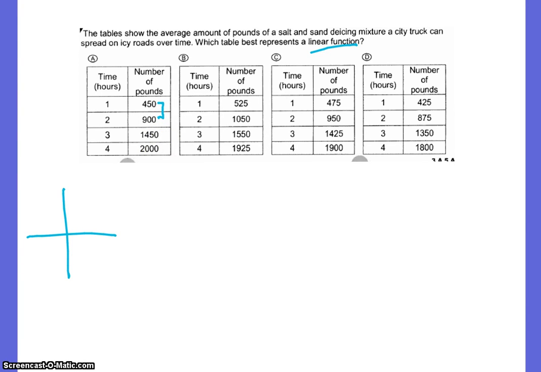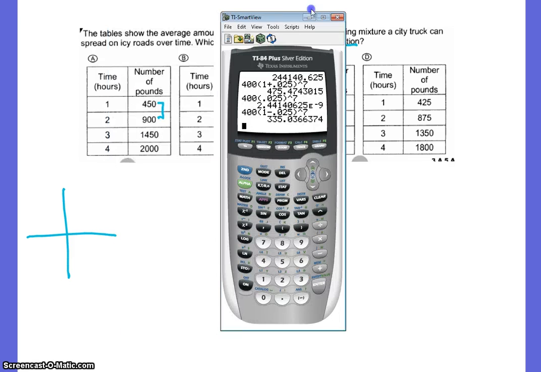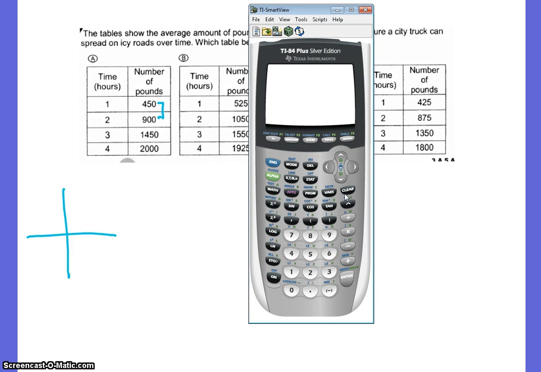for each. So you would take your calculator at your home screen and you would say 2,000 minus 1450 is 550. 1450 minus 900, 550. 900 minus 450, 450. Okay, you got to check all of them.